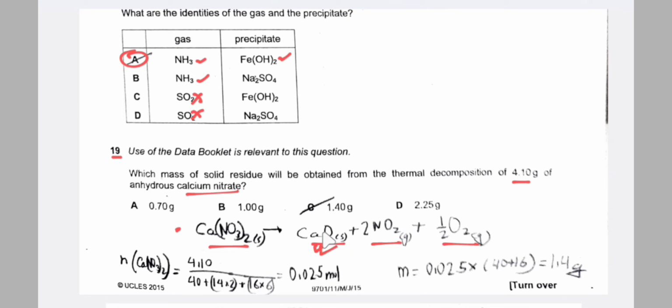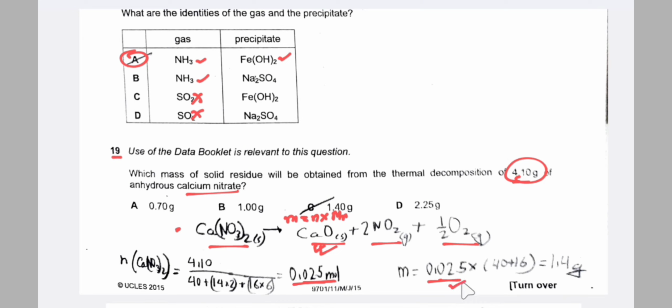To find the mass of calcium oxide, we need to know that mass in grams is equal to number of moles times AR or MR. So we can find the MR, but what is the number of moles? The number of moles of calcium oxide and calcium nitrate are in 1:1 ratio. So what is the number of moles of calcium nitrate? We know the mass of calcium nitrate, so mass in grams divided by MR of calcium nitrate, we get the number of moles of calcium nitrate, and this is the same as the number of moles of calcium oxide since they are in 1:1 ratio.